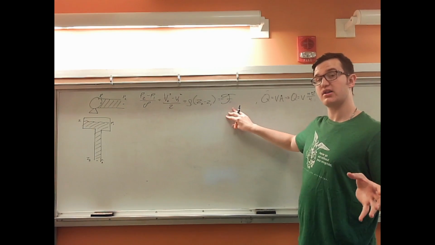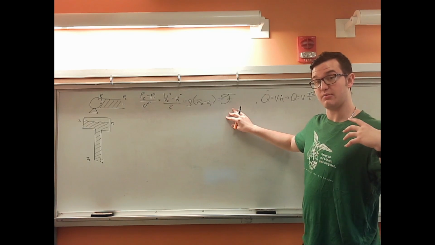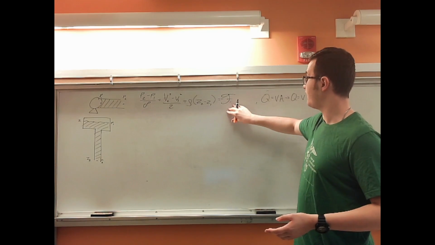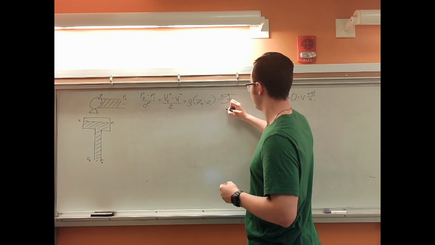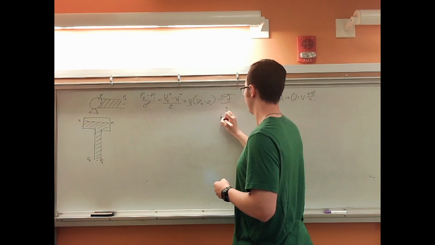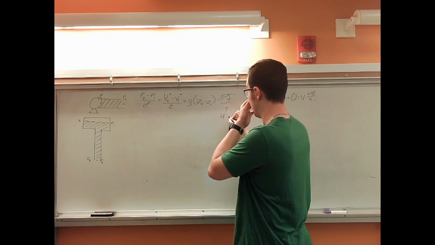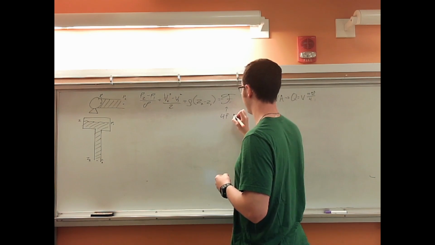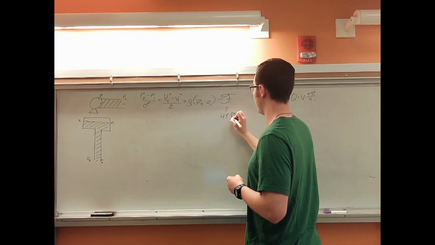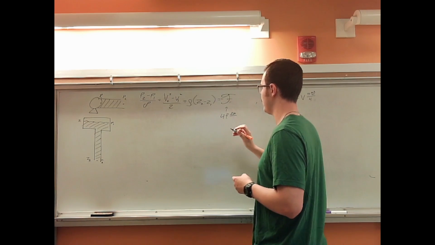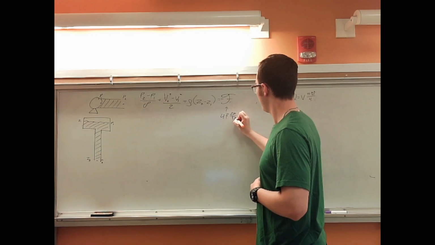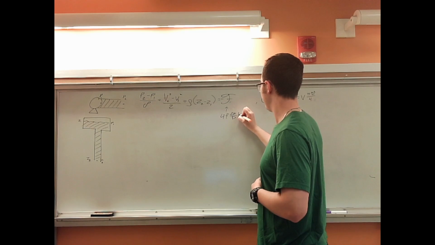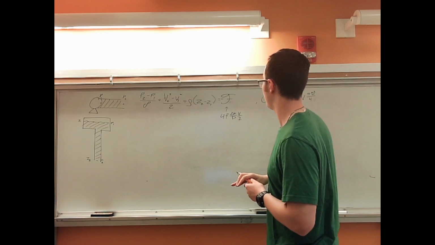So, as we talked about in the previous homework 2, we know what the frictional heating is. Frictional heating is actually 4 times the Fanning friction factor times the change in position divided by the diameter, multiplied by the velocity squared over 2.